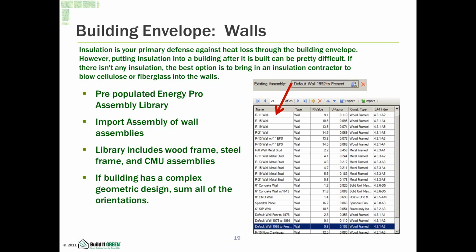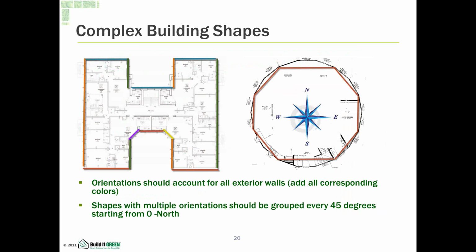And if a building has complex geometric designs, you're going to sum the orientations, sum all of that orientation. So on this next slide, this is what I'm basically saying. If you have a building that has jogs and different shapes, you want to add the orientation.